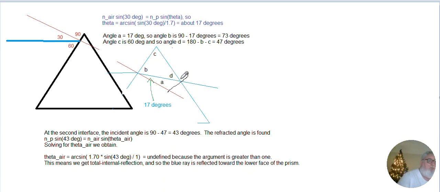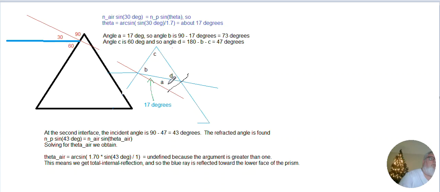Anyways, it's another perpendicular here. We want the incident angle, so if D is 47 degrees, this one here must be 43 degrees.